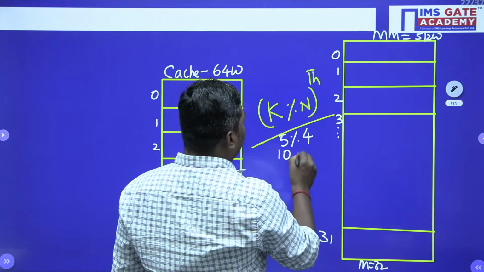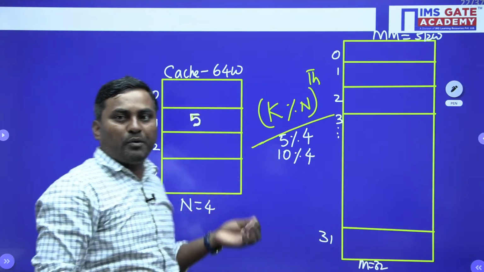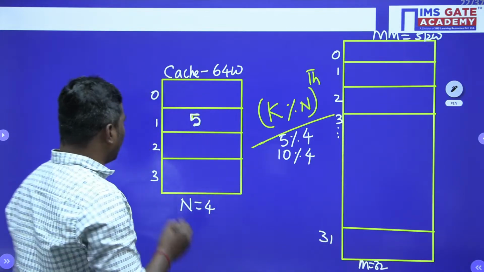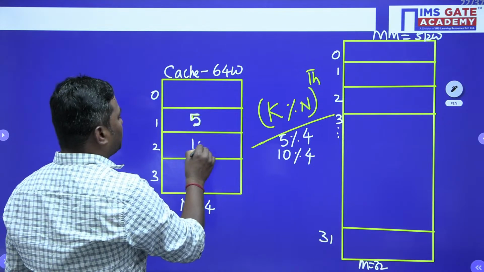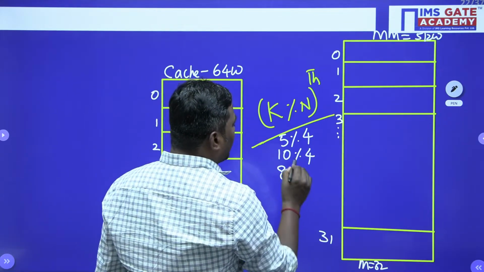Suppose block 10 is there. 10 modulo 4 gives what? The modulo operation gives the remainder. What is the remainder? 2. So in block number 2 you place 10. Getting my point? Suppose block number 8: 8 modulo 4 is 0, so you place it at 0. Block number 15: 15 modulo 4 is 3, so 15 is placed at 3. Block number 20: 20 modulo 4 is 0.